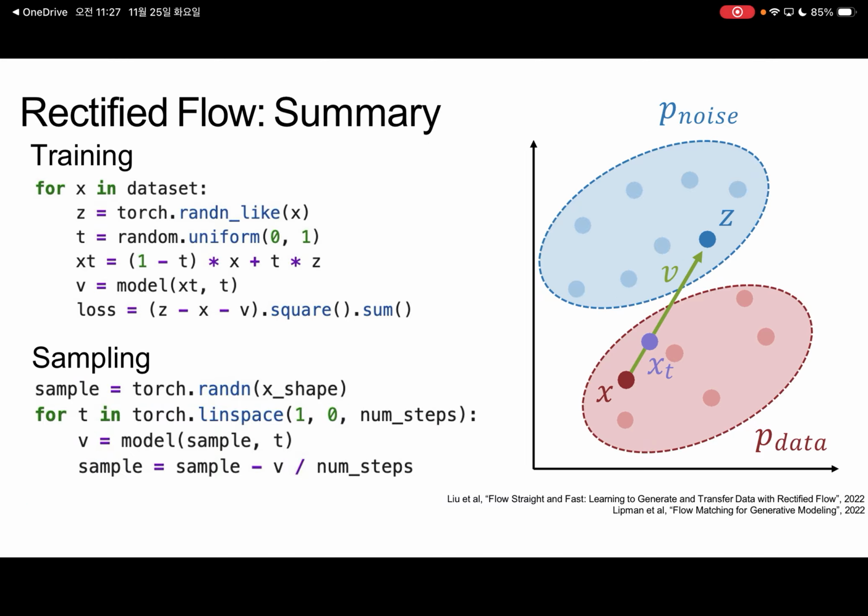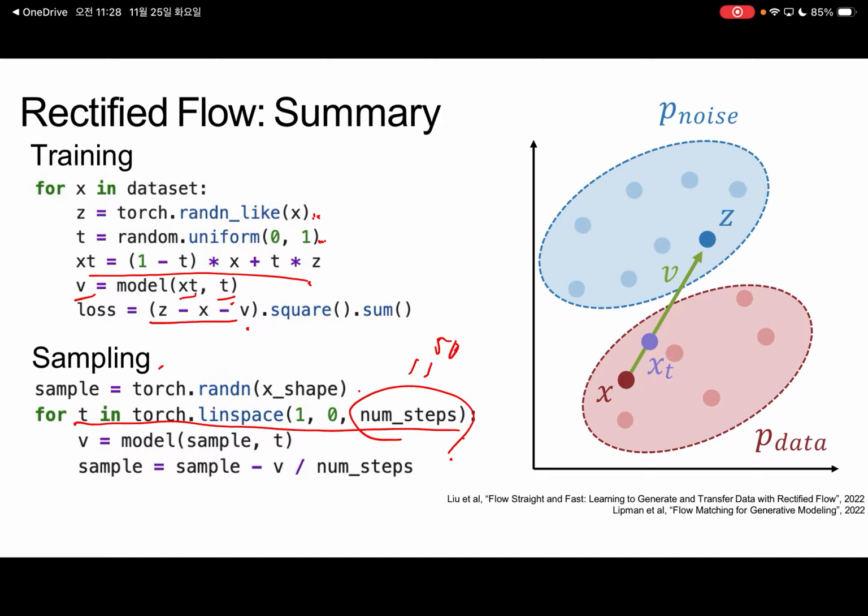So, training and sampling. For training, we have a data set, we have random noise, and t is uniformly sampled, and then we make a linear interpolation between x and z. The model takes the linearly interpolated one and t, outputs a vector, and then we train the network to predict the vector between noise and data. We keep doing this. For sampling, we have a random normal Gaussian sample, and then we iteratively denoise with the hyperparameter num steps, which is often set to 50.